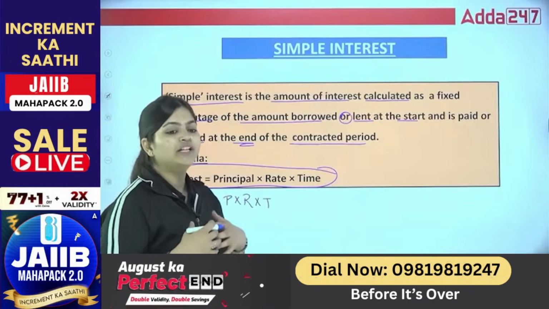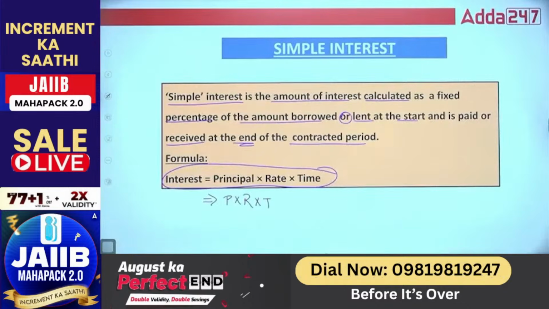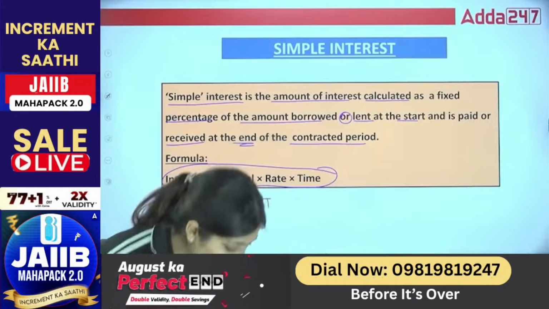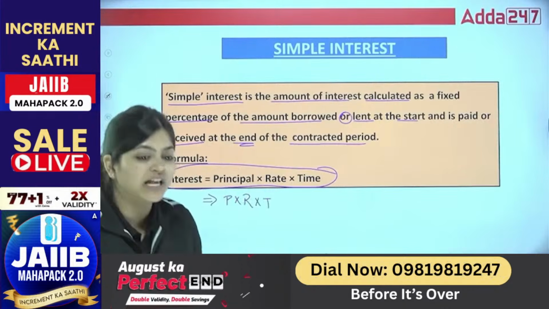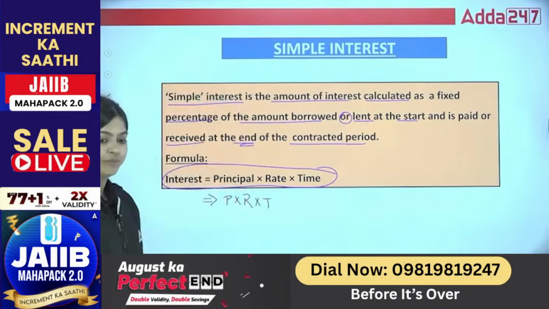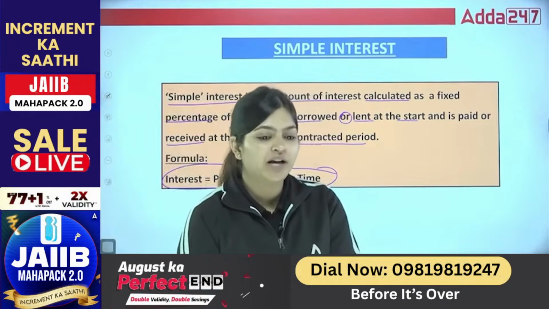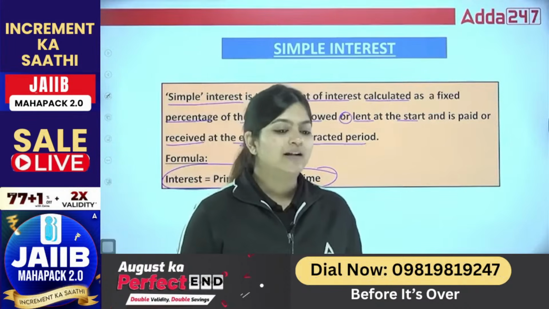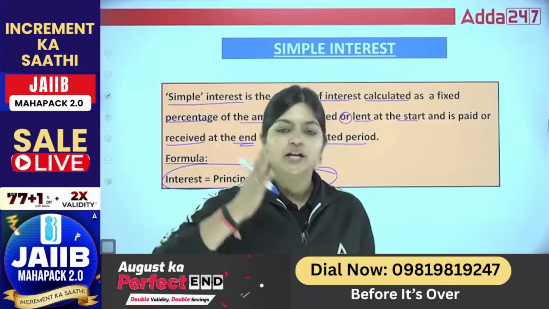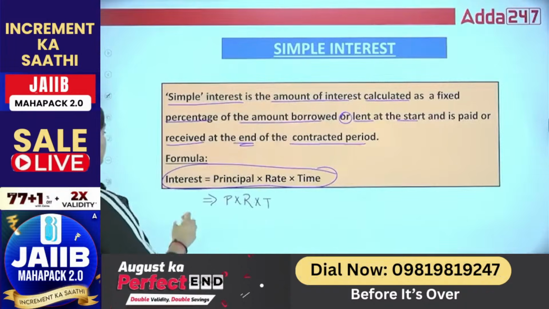Rate means whatever return we are receiving, or whatever rate we are paying on that loan or receiving because we are depositing. And the last is your time, for what time period we are depositing or taking this loan. That is your T. P into R into T will give you the interest amount.